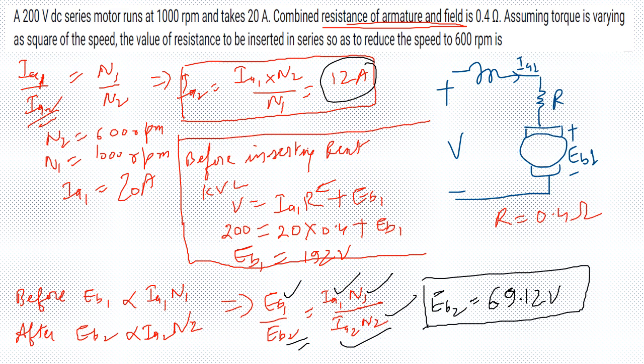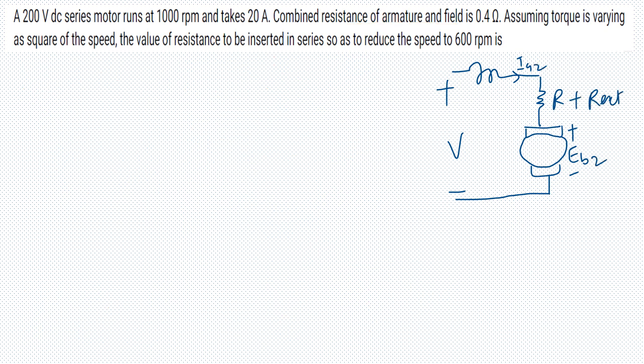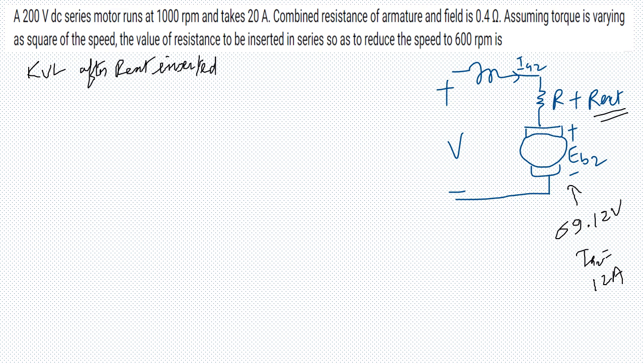Now we can take the case where R external is present. EB2 is known, 69.12 volts, and IA2 is known, 12 amps. The only unknown is R external. So let us write KVL after R external is inserted: V equals IA2 into R plus R external, plus EB2.